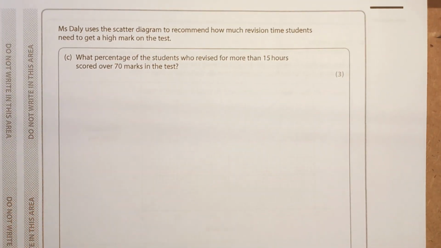Okay. Then we've got a part C. Ms. Daly uses the scatter diagram to recommend how much revision time students need to get a high mark on the test. What percentage of the students who revised for more than 15 hours scored over 70 marks in the test? Okay, so, a couple of things. We need to go back to the diagram first of all.